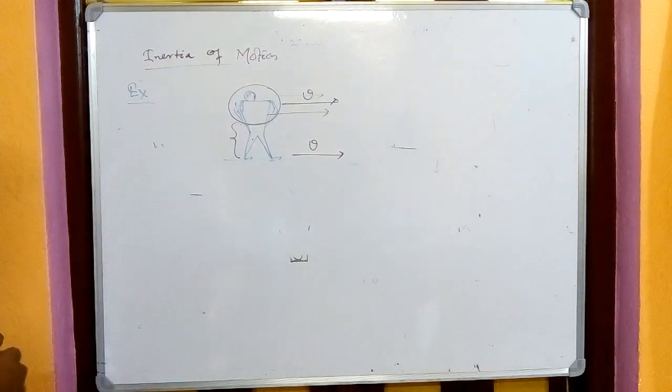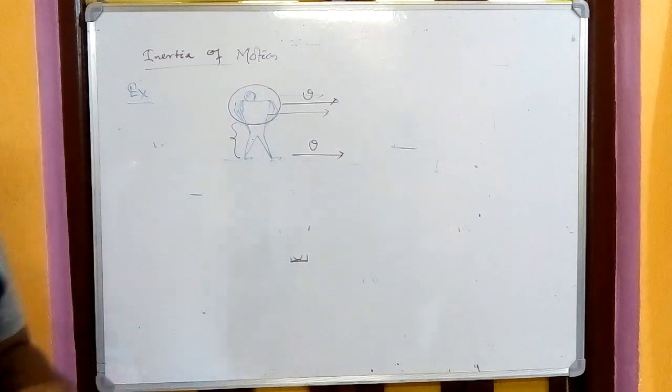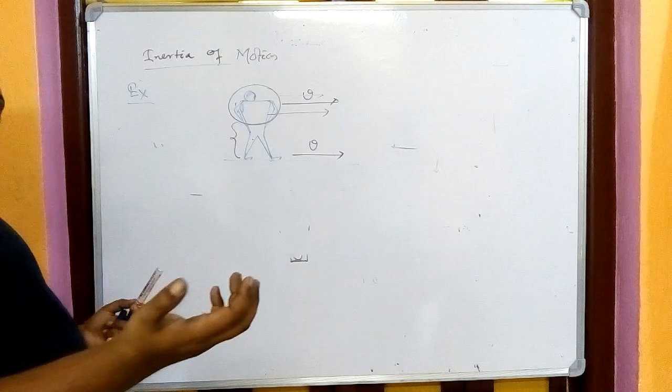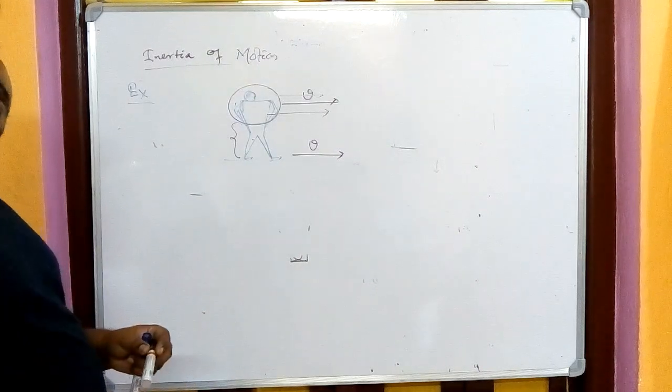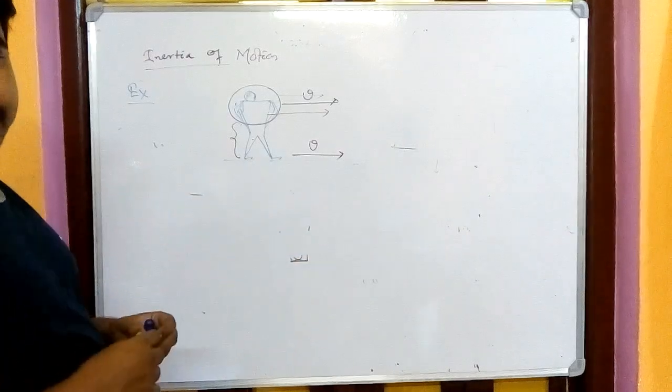Number 2. Whenever a person, a bowler or an athlete has to do any performance, like throwing the ball, throwing the javelin, throwing the discus, they have to run a little bit.